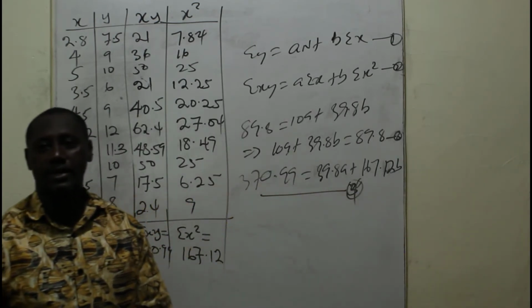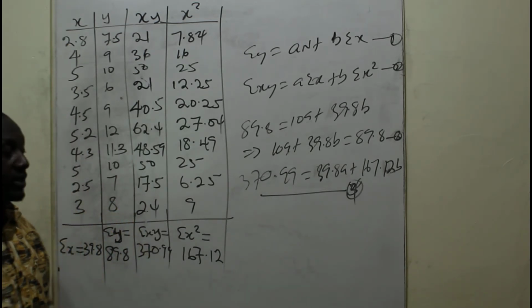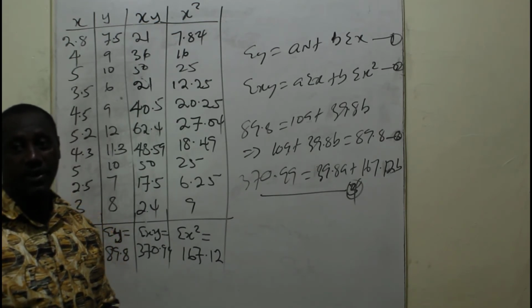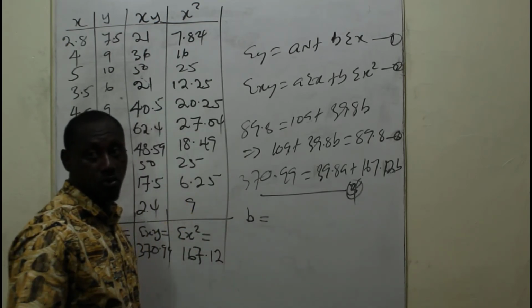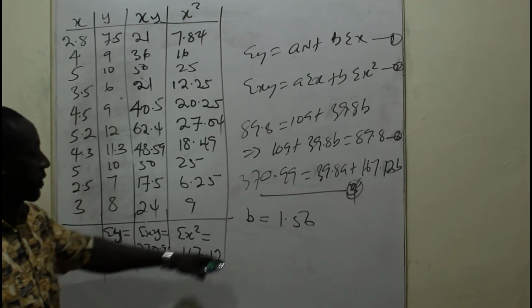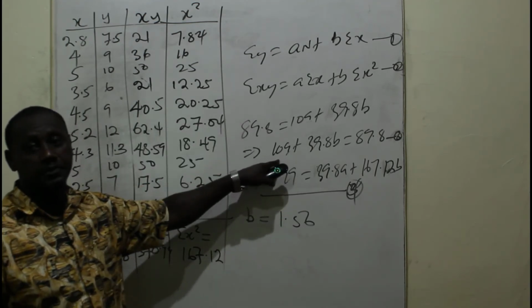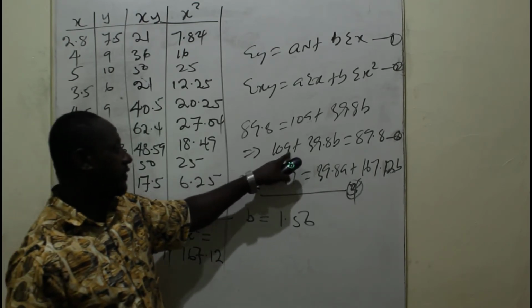When you solve those two equations simultaneously, you know how to solve simultaneous equations. Then eventually, you are going to get your B to be equal to 1.56. And so when you get B to be 1.56, then we substitute. What are we going to do here? We can make one of the variables the subject.